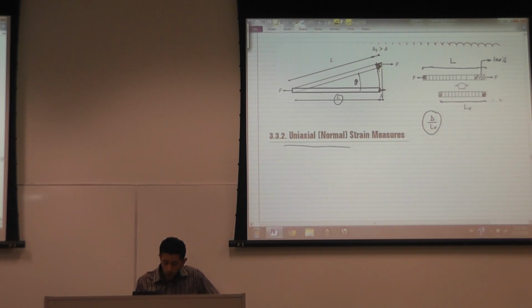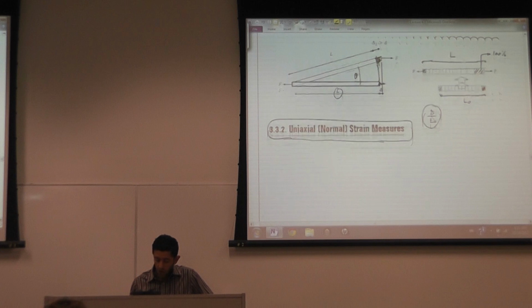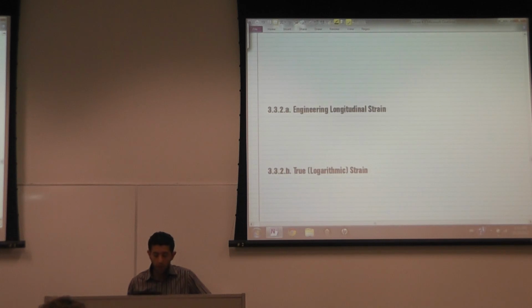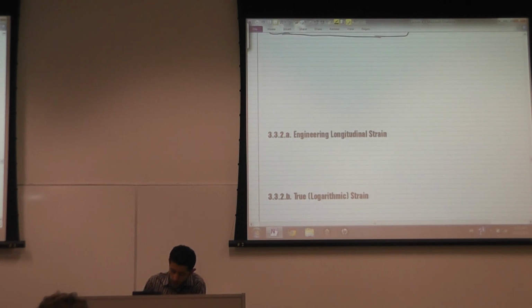So we're first going to start by introducing uniaxial strain measures. Now the strain measure depends on how you want to measure it. And the one that you are used to is the engineering longitudinal strain on average.